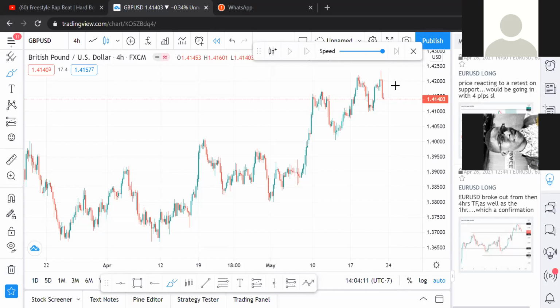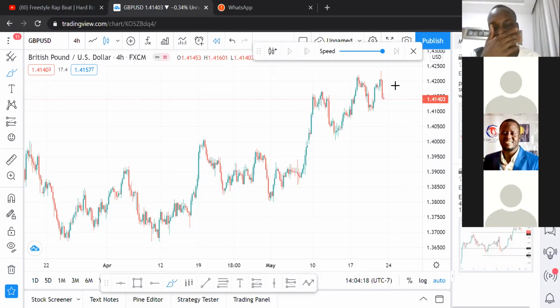How do you identify the low? As in, sometimes you have a breakout or probably a resistance or something, and you are waiting for a retest. So how do you know the end of that low? That is why I said if you're using fib, it perfectly creates lows for you.